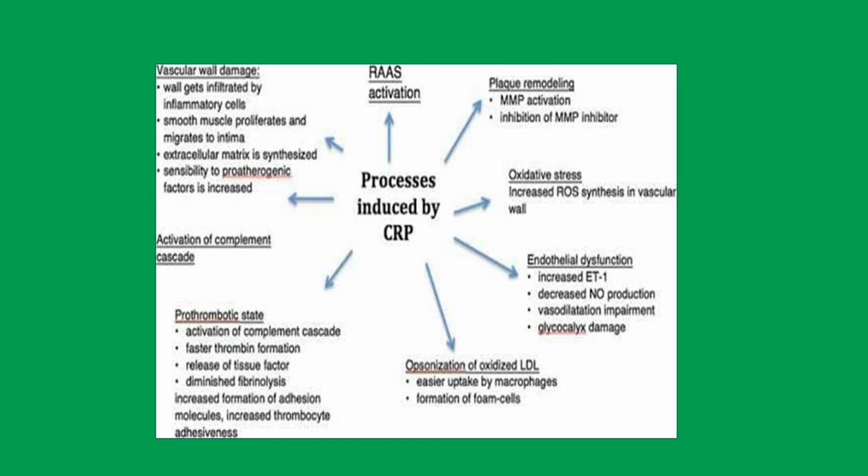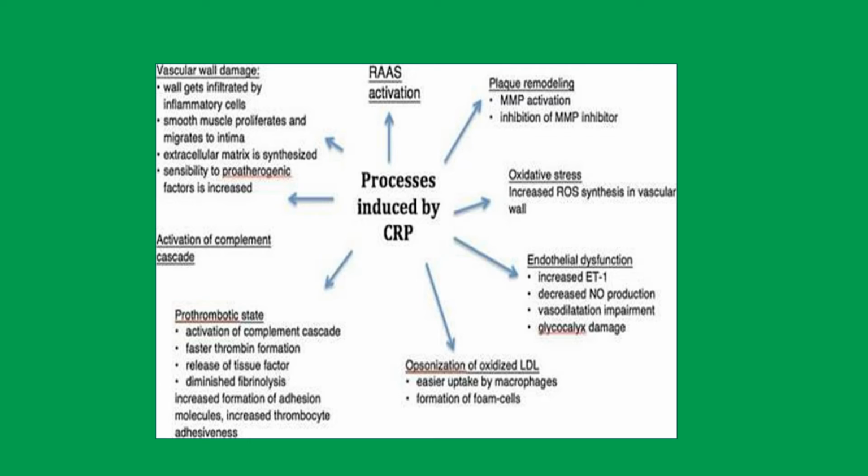Aside from the involvement of CRP in the inflammatory processes, it is also involved in vascular wall damage, in the activation of the complement system, in the development of your prothrombotic states, in the opsonization of your oxidized LDL, in endothelial dysfunction, in oxidative stress, in plaque remodeling, and even in RAS activation.